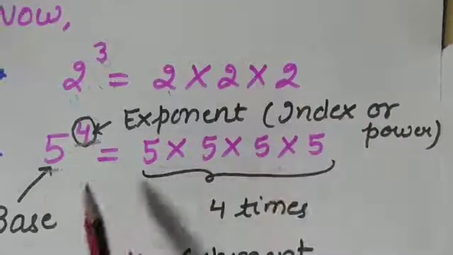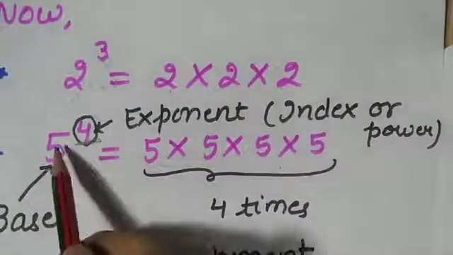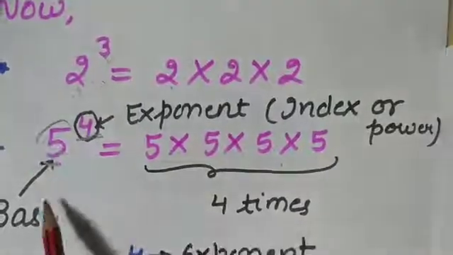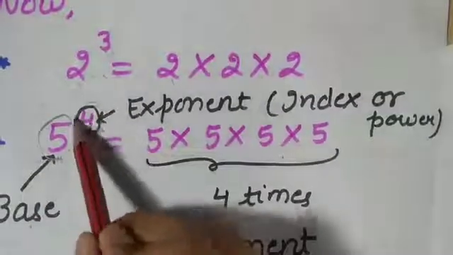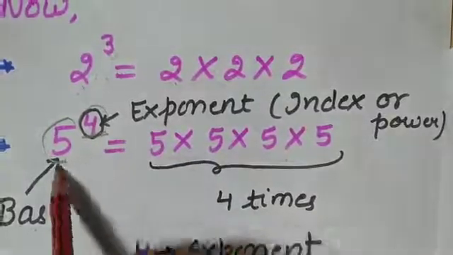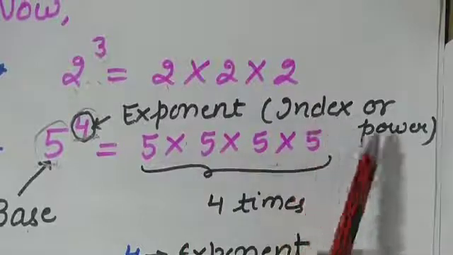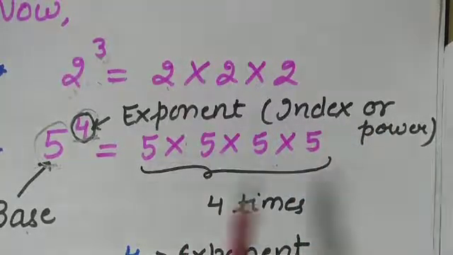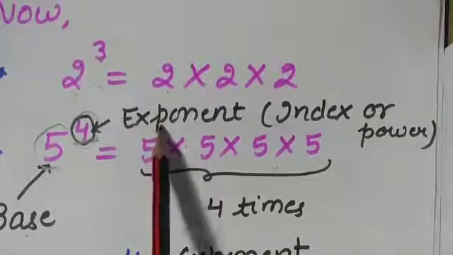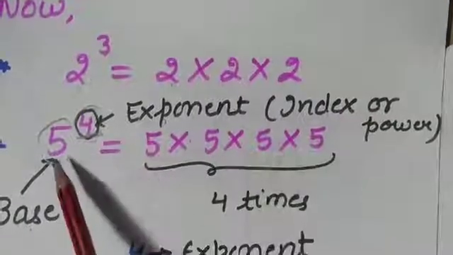Okay, so this is an exponential number, and in this exponential number, this 5 or any number is known as base, and this number, that is the superscript of the base, is known as exponent, or you can say index or power.